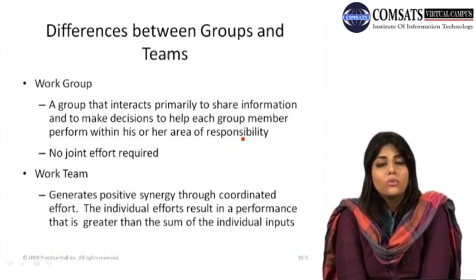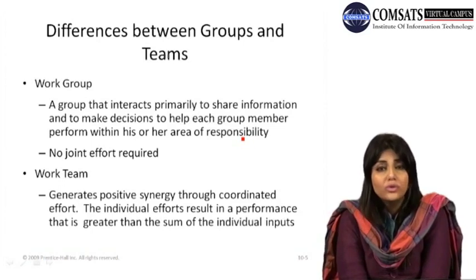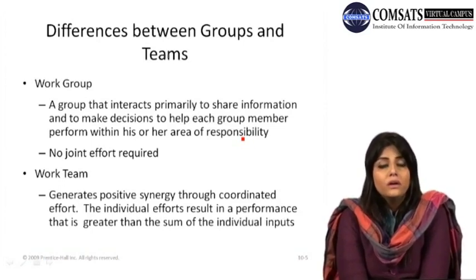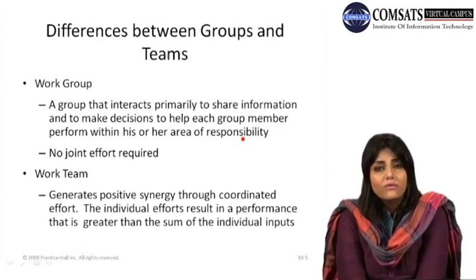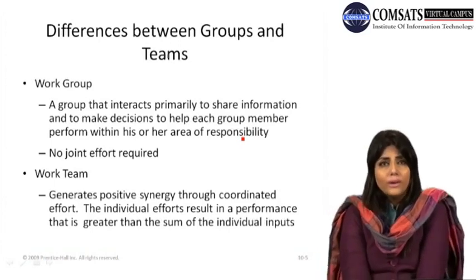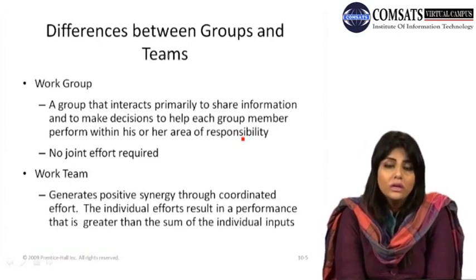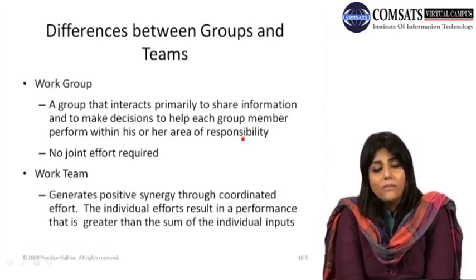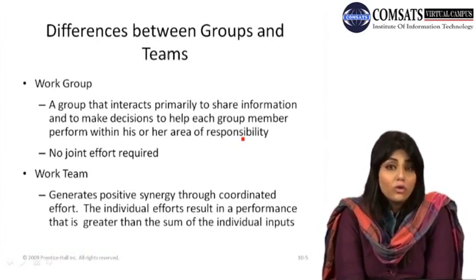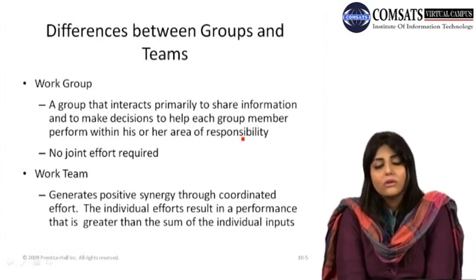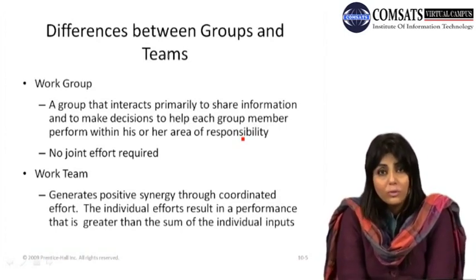So the individuals are basically sitting together, or working in one area or one domain, and they have their individual goals, their individual targets, and they are not accountable for each other's performance, or for the team or group performance, right?